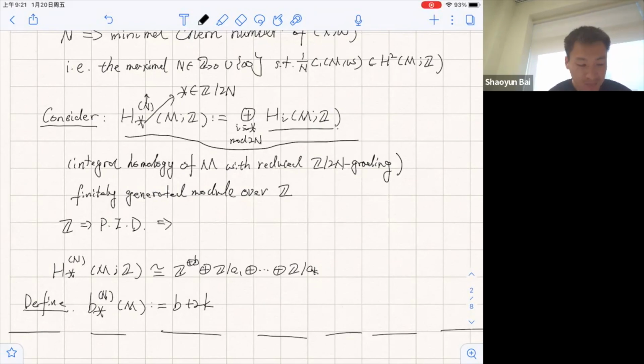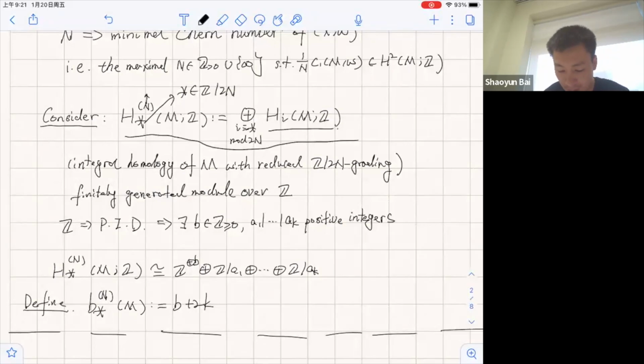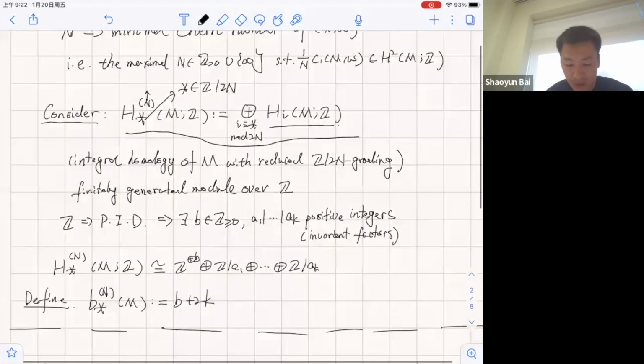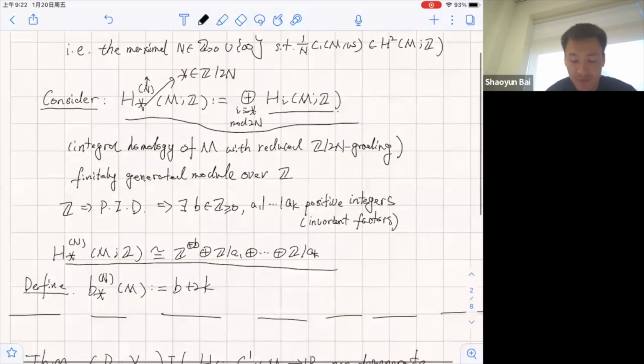It says that we could find a non-negative integer b together with a sequence of positive integers, which I denote by A_1 up to A_K, usually called the invariant factors, such that our integral homology group has such a form: it's isomorphic to the direct sum of the free Z module of rank b plus some torsion parts. So that's its form.